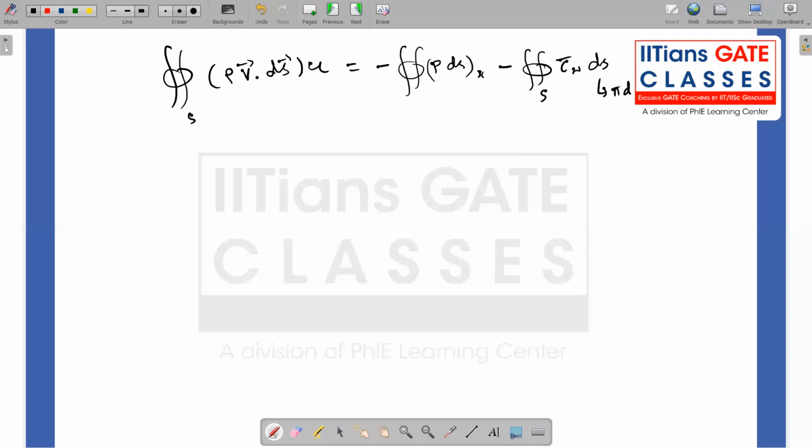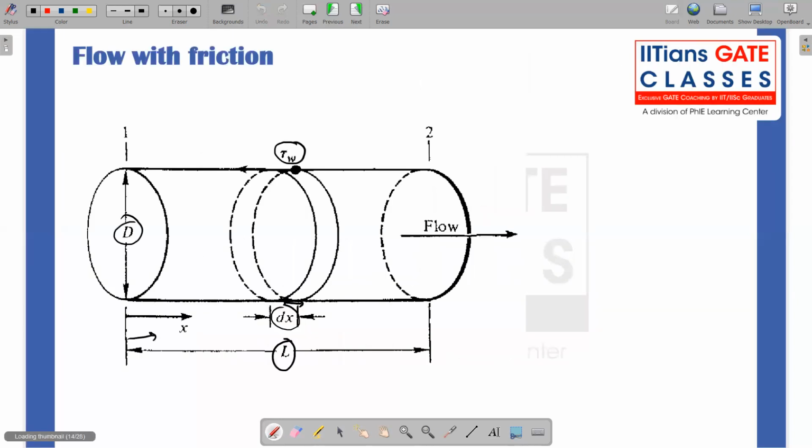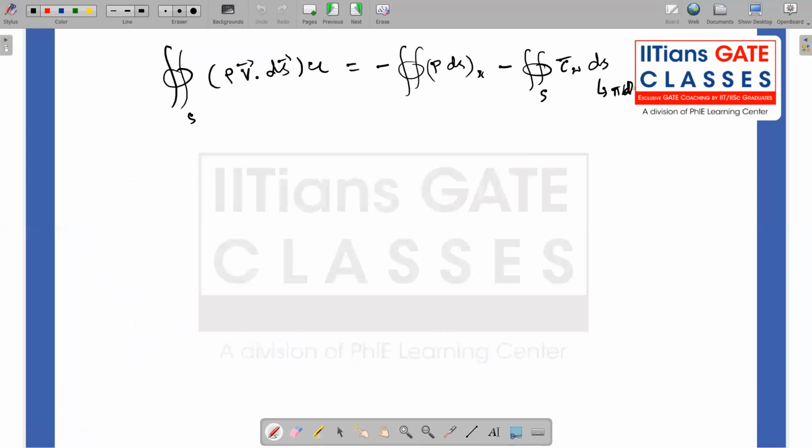Or I can write it as the circumference of the duct, pi d, times the small length dx. That is my small area.